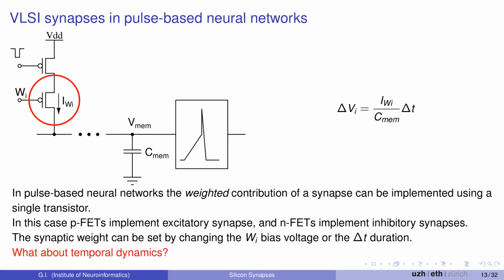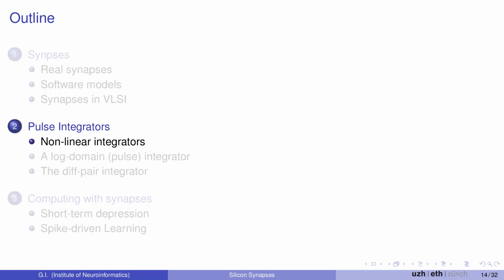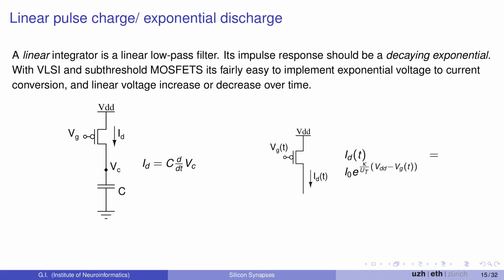The first one is a nonlinear integrator. So it's really a nonlinear filter. It's easy to do. And it's basically given by the observation that if we are in subthreshold, the relationship between the voltage on the gate and the current is exponential. And if you think of these synapses that have temporal dynamics, you have these exponentially decaying traces.